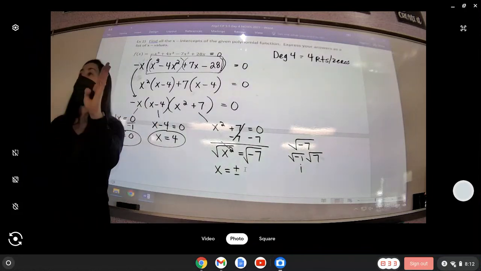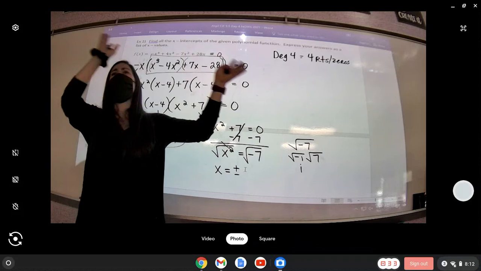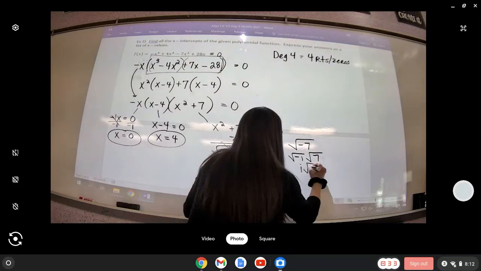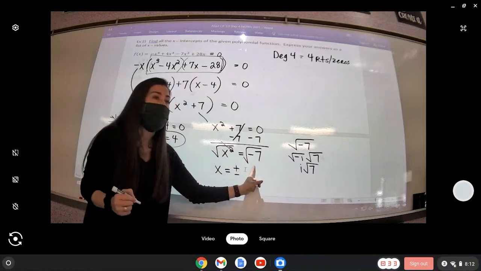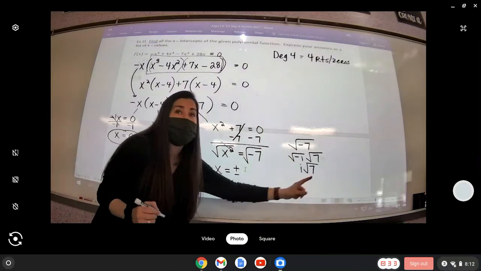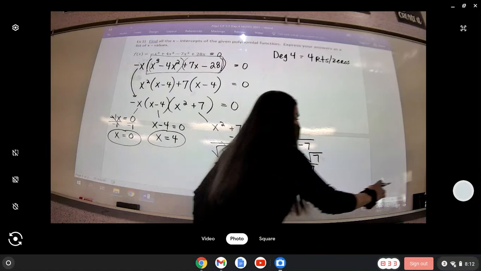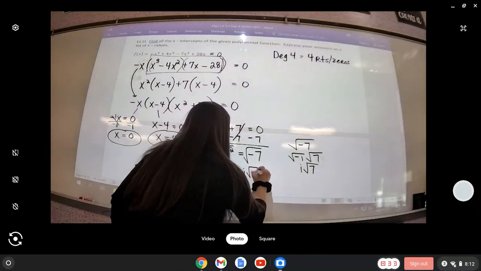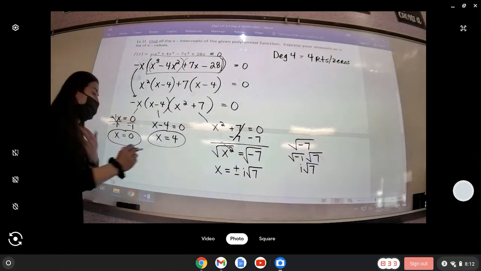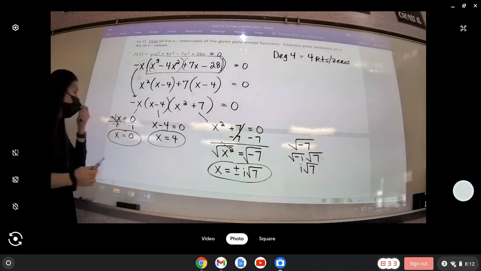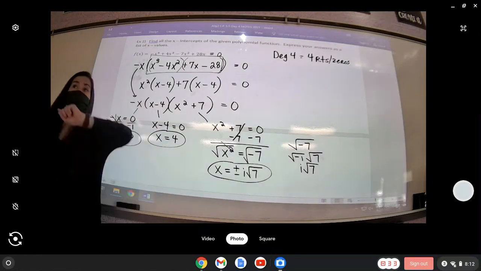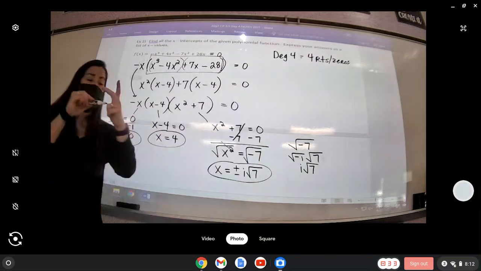No. Can you simplify the square root of 7? Do any perfect squares divide evenly into 7? No. So it would stay the square root of 7. So the square root of -7 is really i root 7. So it's plus or minus i, the square root of 7. And now these are your 1, 2, 3, 4 roots or zeros to your degree 4 polynomial.